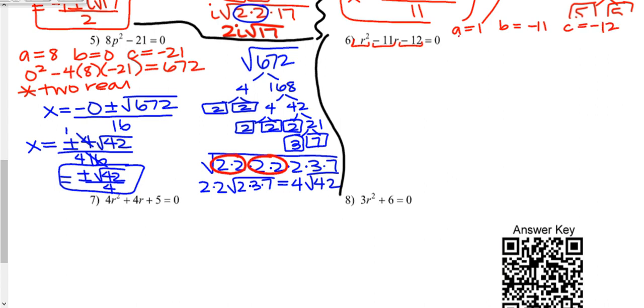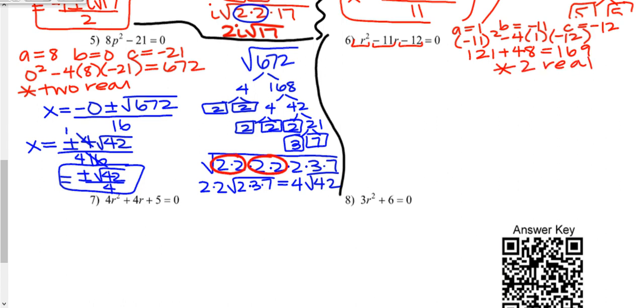So B squared minus 4AC, when I plug that into the calculator, I get 121 plus 48, which is actually 169, which means I have 2 real solutions.